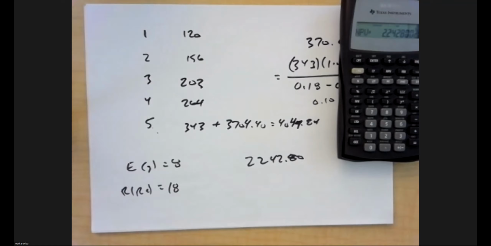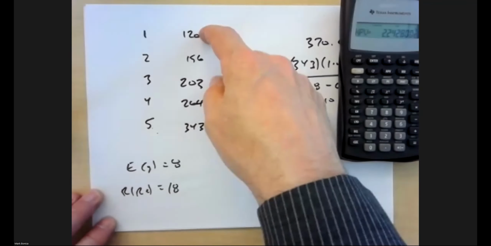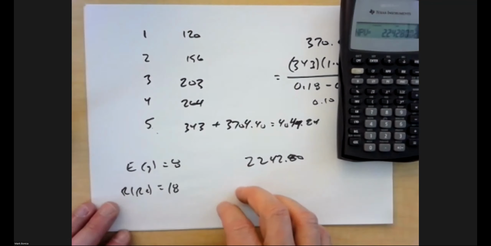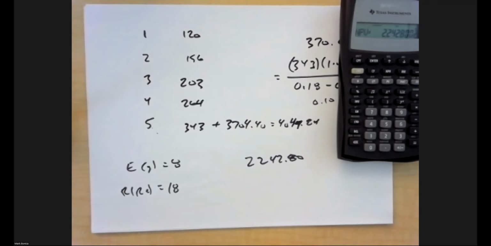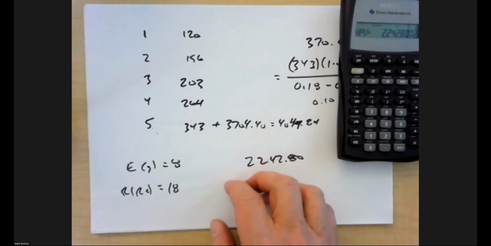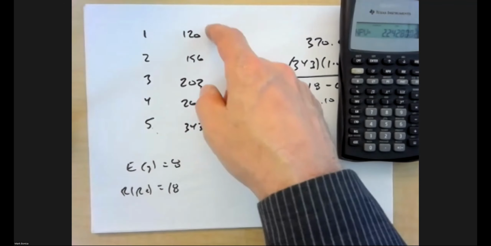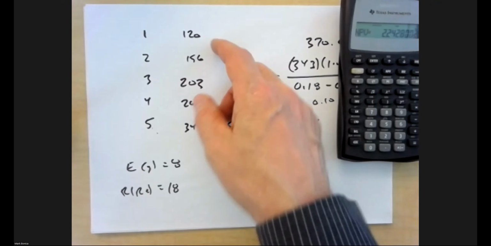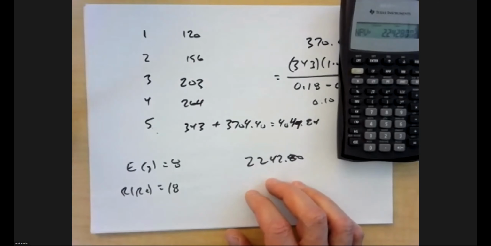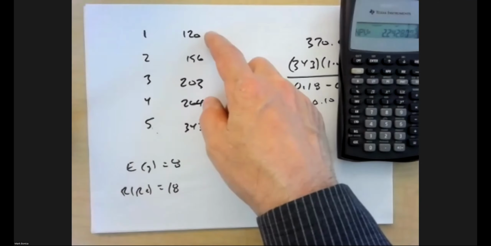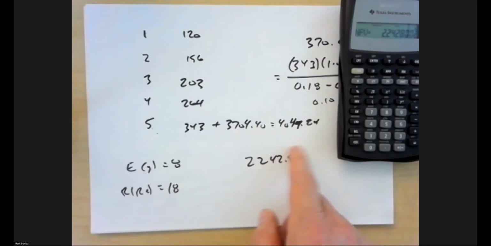So using the cash flow register, what I did was I told it, I've got a stream of cash flows with no investment, right? Normally when we use the cash flow register, we've got an initial investment that's negative, and then a stream of cash flows, and we ask for the NPV. In this case, there's no initial investment, so we just make CF0 0, and then CF1 is 120, CF2 is 156, and so on down to here.